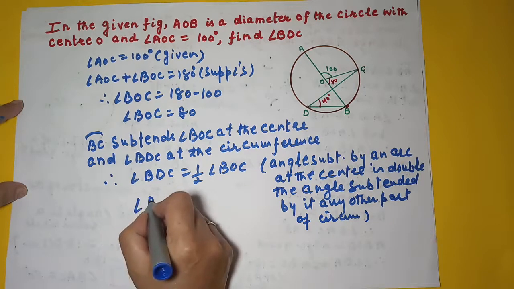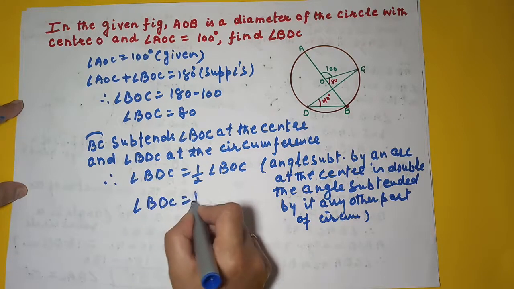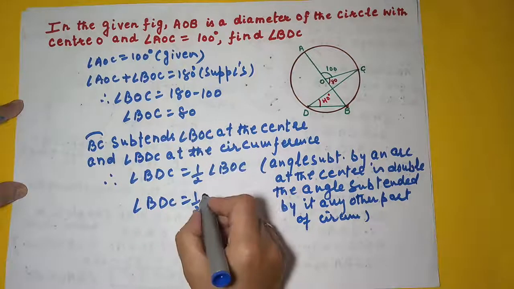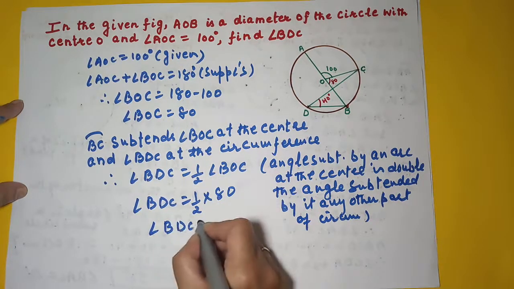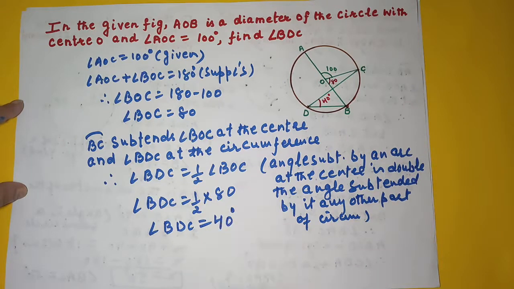So angle BDC will be half. We have calculated BOC as 80. So your angle BDC will be 40 degrees. Right?